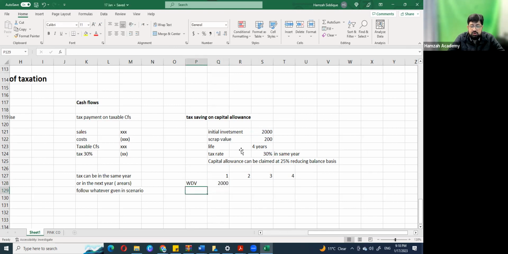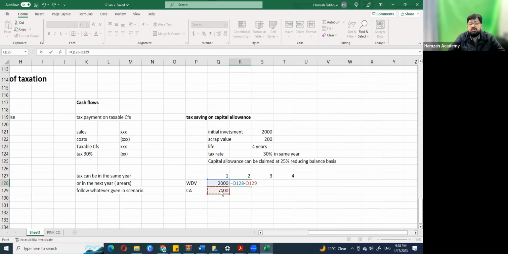So written down value at the start of year 1. This. Capital allowance. This into 25%, reducing balance basis. Written down value, this was the initial value, this capital allowance charge.